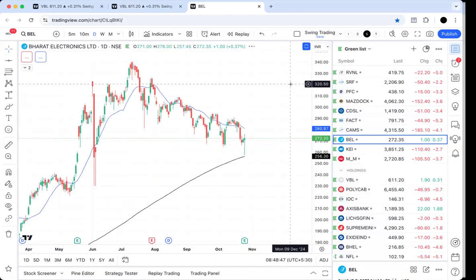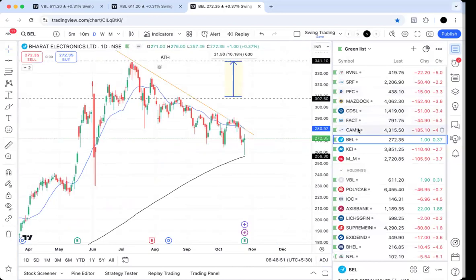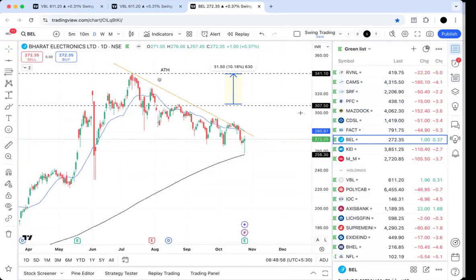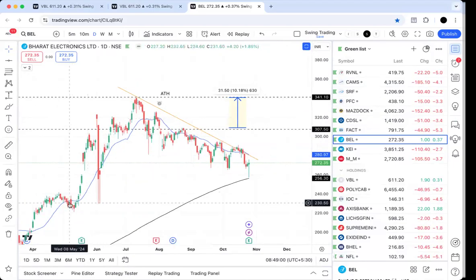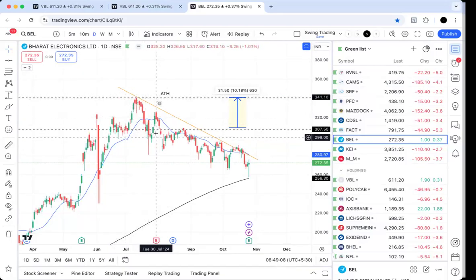BEL. Let me move CAMS also to the top because that seems quite interesting to me. BEL is something else that I want to share with you. See, the price is going up very nicely. It went to this all-time high, and the price got rejected, went up, got rejected, went up, got rejected.